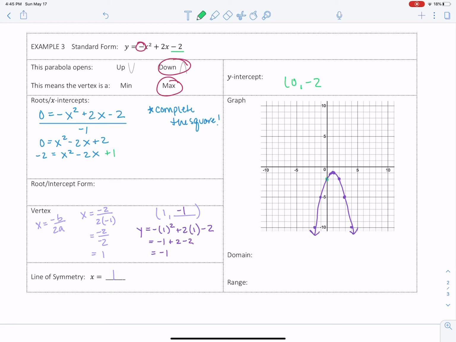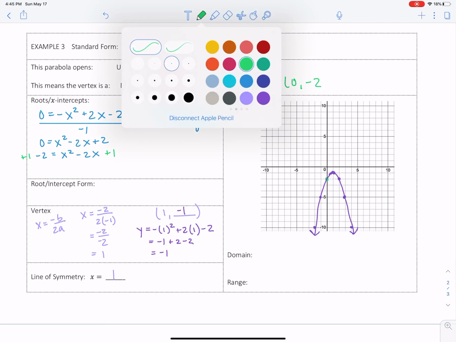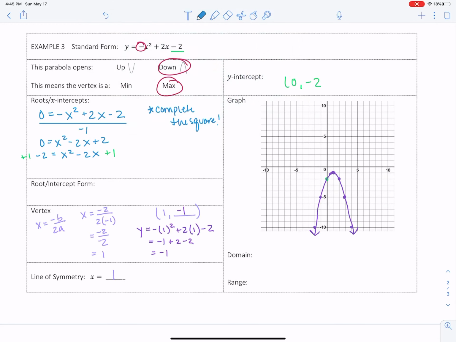I need to add 1 to both sides, so I'm going to say plus 1. Now, when I add 1 to both sides and factor, I get negative 1 is equal to x minus 1 squared, and when you try to take the square root of this, no solution.